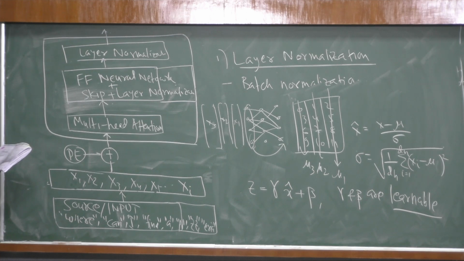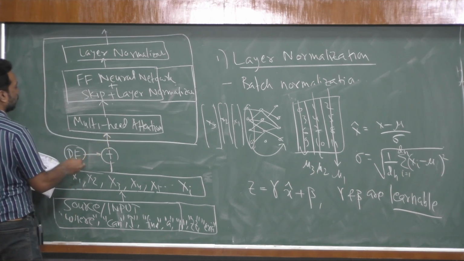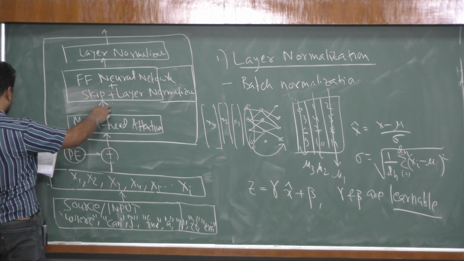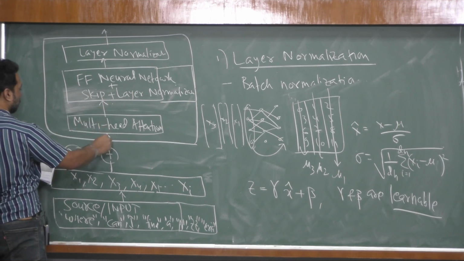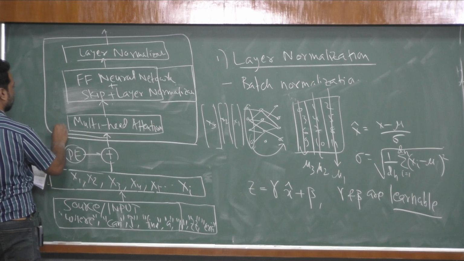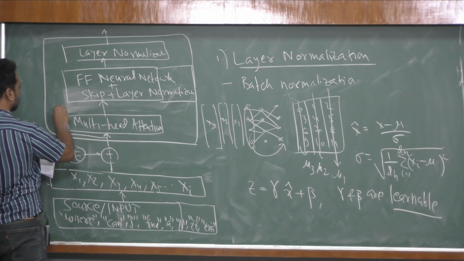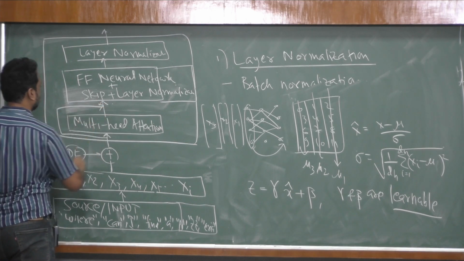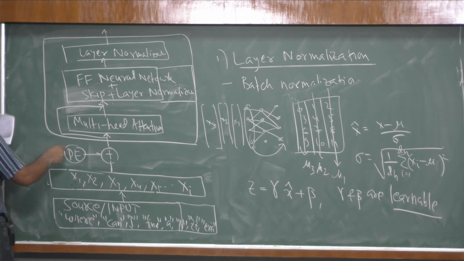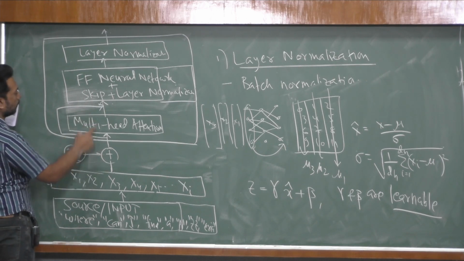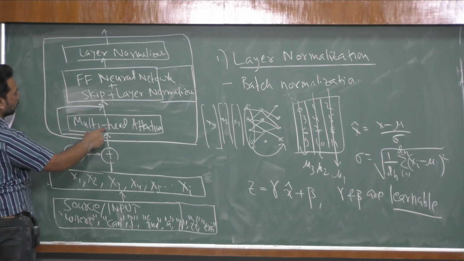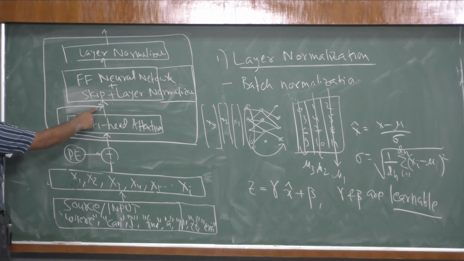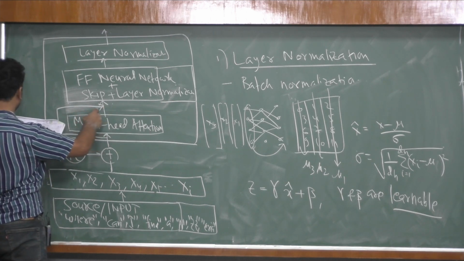One skip connection also goes from here. So rather than getting only output from the multi-head attention, before multi-head attention, the data is also fed to the skip connection here, so that it also has a view of what was the input data, and also the data that comes from multi-head attention. So there is a skip here as well.